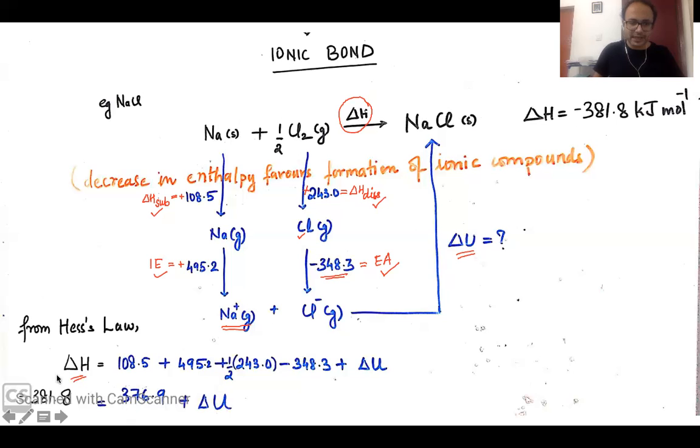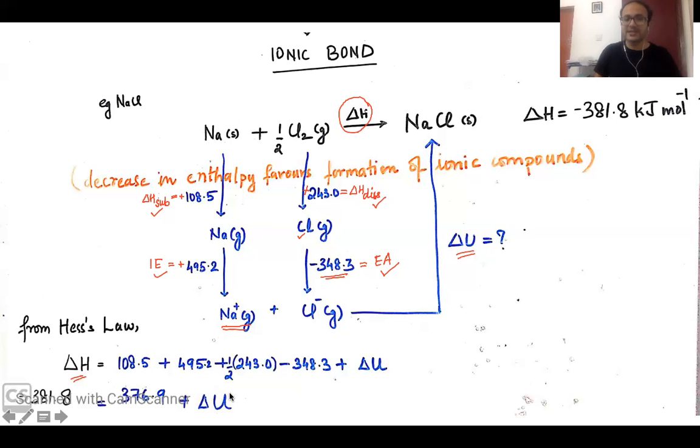But to get this highly negative value, you require delta U to be highly negative. Only then can you get this highly negative value for the delta H.